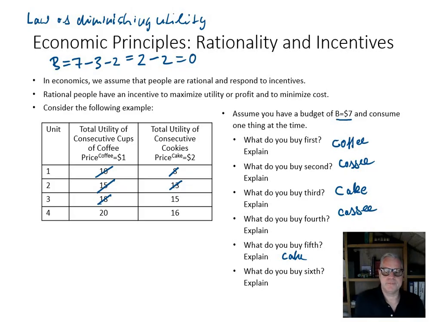And you see, this is what an individually rational person would do, and we respond to incentives because we would like to get the most out of our expenditures, because we want to maximize utility.